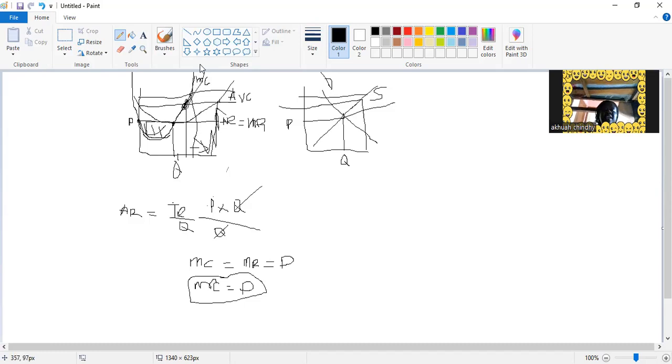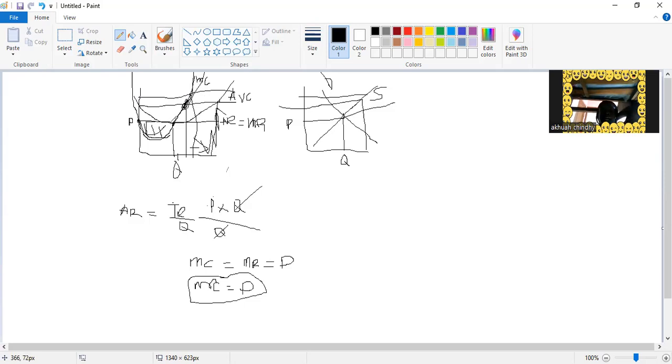That is why the marginal cost curve from this point upwards is the short run supply curve of the firm, because every time the price in the market goes up, the firm's demand curve also goes up, and then the production stands on the marginal cost.